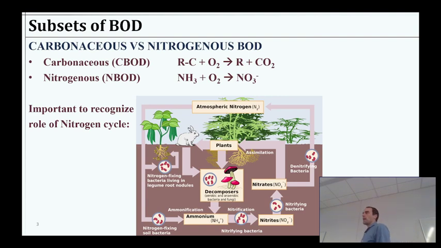So a little caveat here, we can subdivide the BOD into a couple types. First being carbonaceous, so basically some organic molecule that has carbon in it is oxidized, like we were talking about with sugar. We've gotten rid of that bond, taken away the carbon, and formed some CO2 and all that, right?